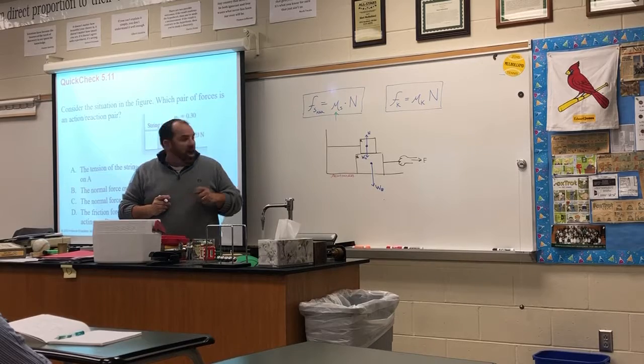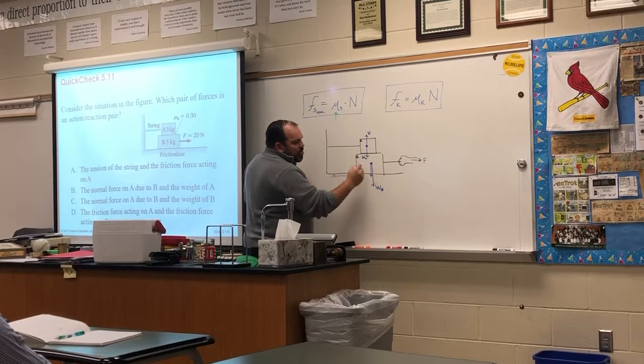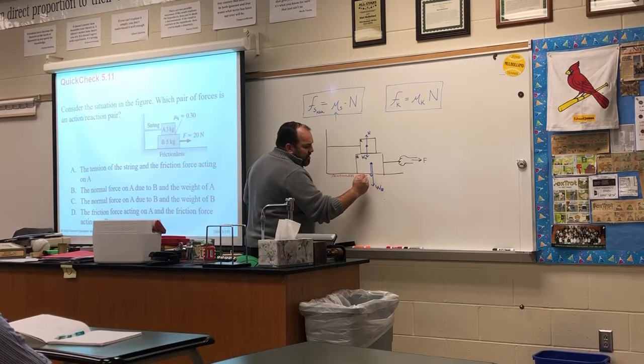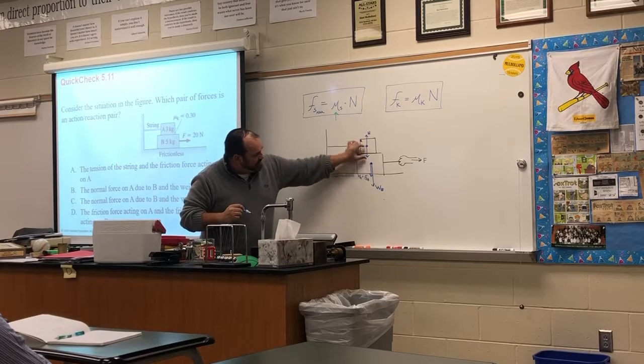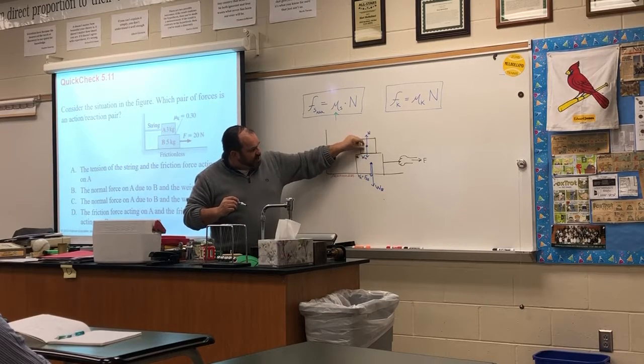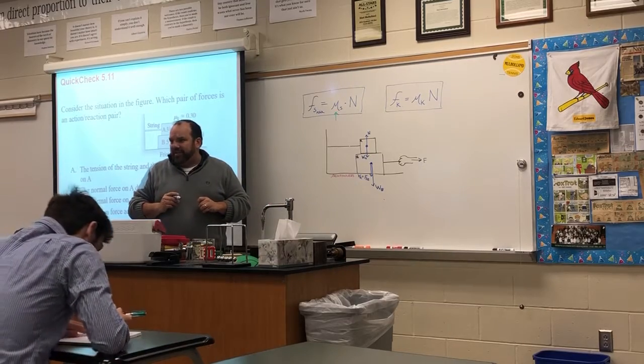No, we have the weight of A. That's really the force of A on B, which is the weight of A, I will agree. That and that are the same size. This has its own weight, but that's pushing down on this. Everybody agree?